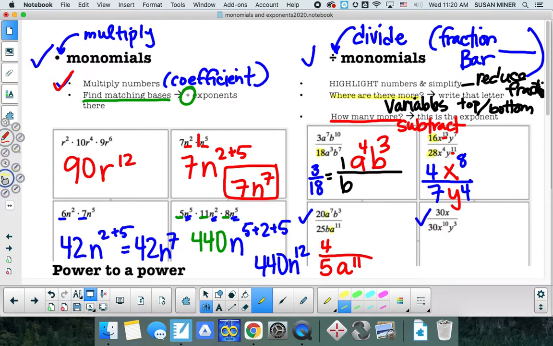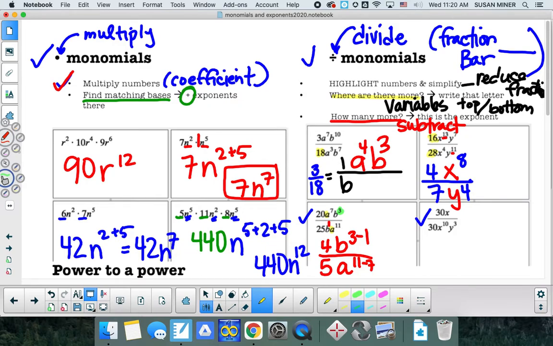And I'm going to have 11 minus 7. And then my B, there is more B's in the numerator. So B is going to end up in the numerator. And it's going to be 3 minus 1. How did I know this was a 1? Well, remember, if I don't have an exponent attached, I can put an invisible 1 exponent in there.